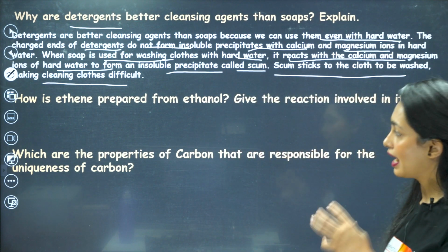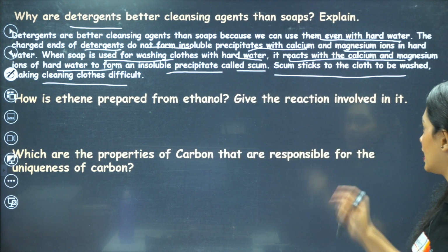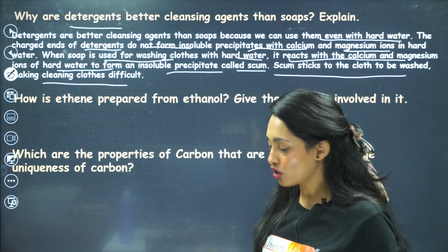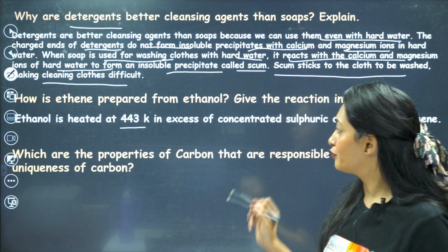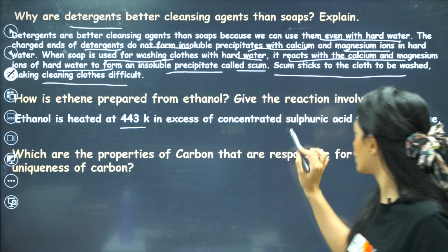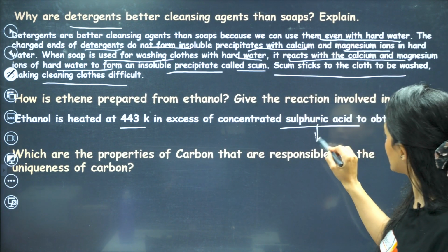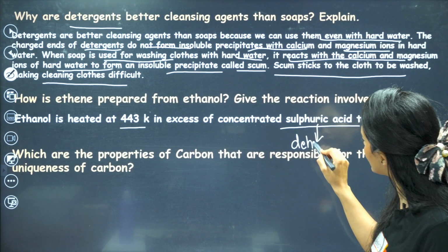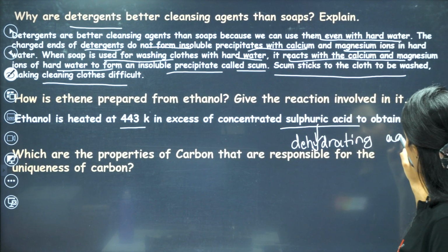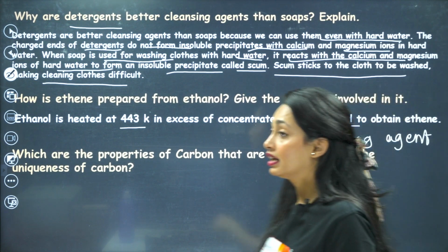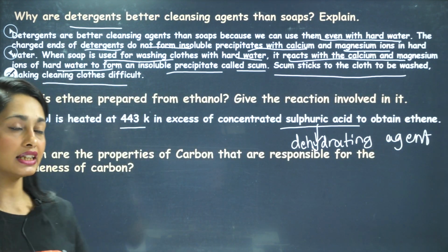Next, how is ethene prepared from ethanol? Give the reaction involved in it. Ethanol is heated at 443 Kelvin in excess of concentrated sulfuric acid to obtain ethene. Sulfuric acid acts as a dehydrating agent, guys. And I need you to write the reaction in the live chat.